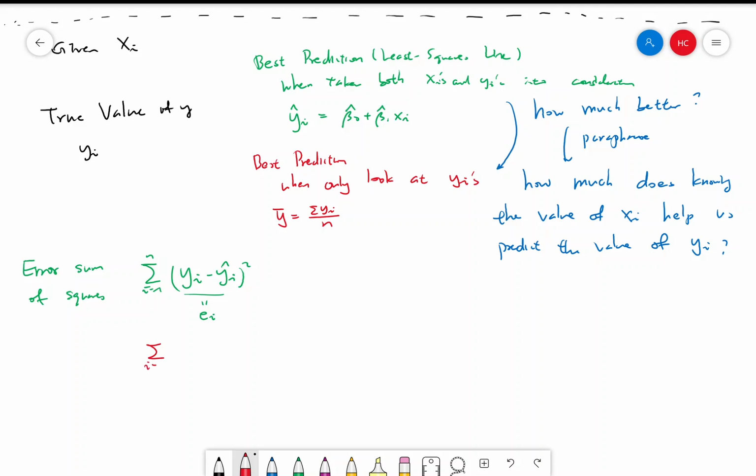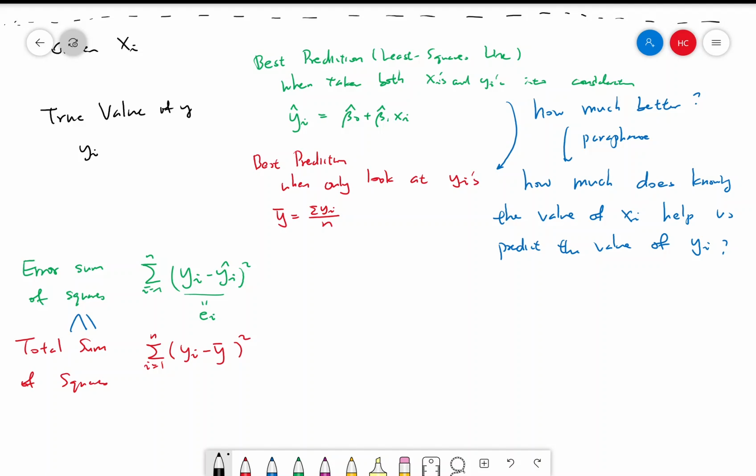So the red prediction has, we add the square of the differences of yi and y bar. This is called a total sum of square. There's a theorem, we're not going to prove it. The total sum of squares is always greater than or equal to the error sum of squares, which confirms what I said. The green prediction is definitely better than the red prediction to some extent.